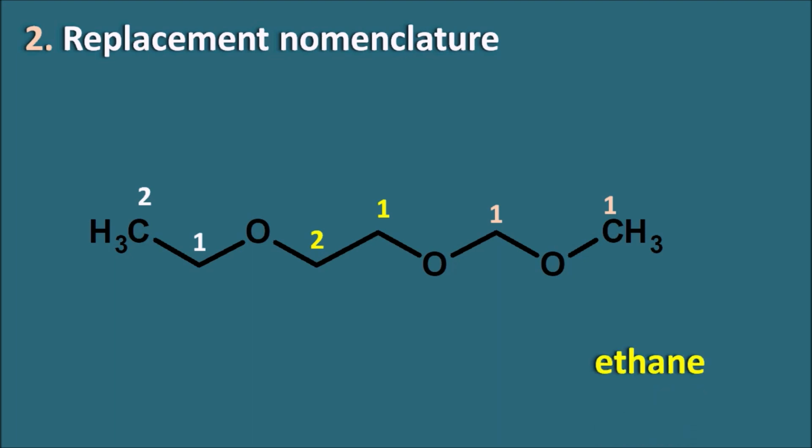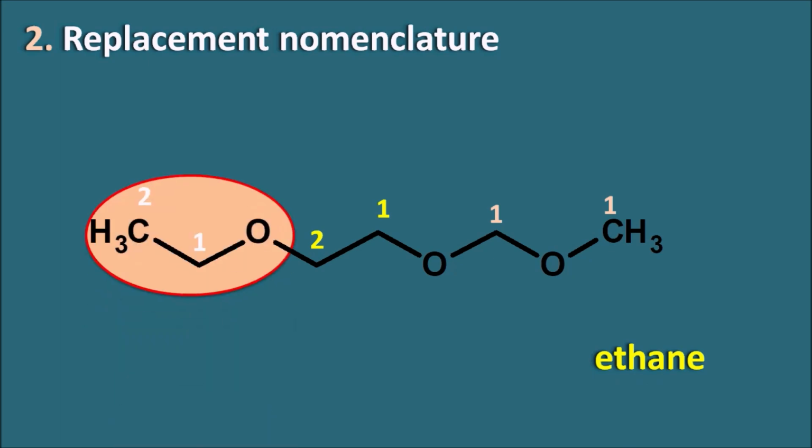So this is again the ethane derivative, and one of the side chains is like this. So this is the ethoxy, and the second side chain is like this, but this side chain is having the 2 oxygen atoms. So we can indicate this side chain by writing the name from the terminal. So from the terminal we can consider this as a methoxy. This methoxy group is again attached to another methoxy.